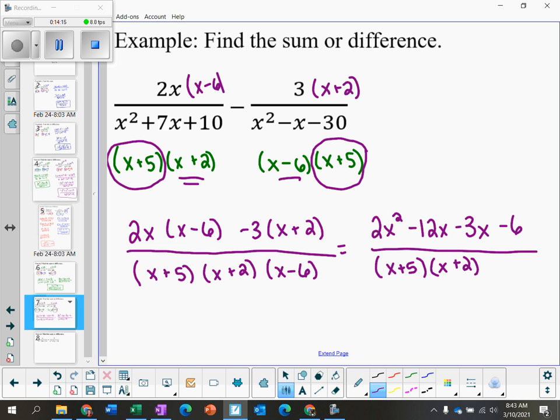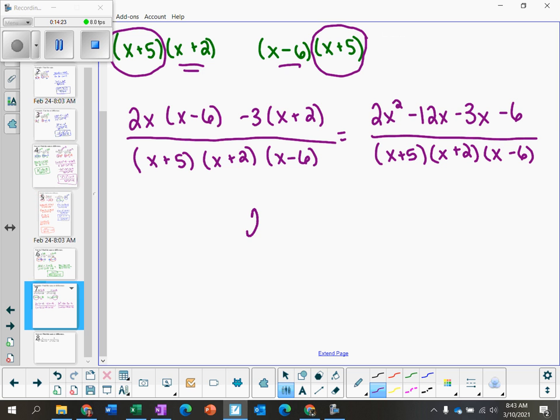All right, bring over the whole denominator. And if we combine our like terms, we don't have anything for the x squared. So it's going to be 2x squared, negative 12x and negative 3x. We're going to have negative 15x minus 6, all over our entire denominator.